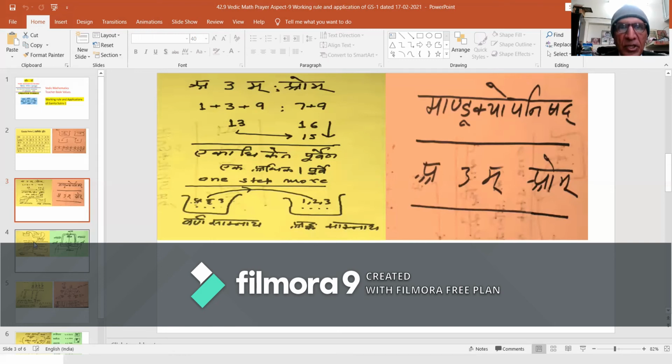Therefore, the rule of Ganita Sutra Ekadhiken Purven, as one step more, is one initial value of this rule. This rule helps us reach from Varna Samamanaye, letters alphabet, to Ank Samamanaye.